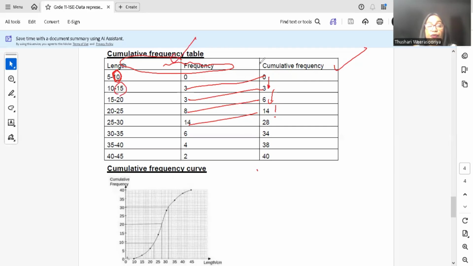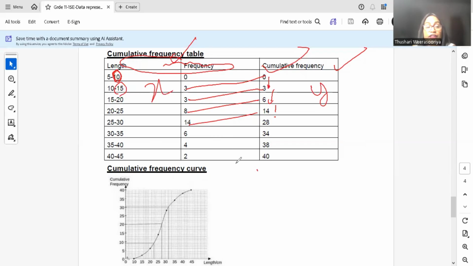We are marking these two. This is the x-axis and this is the y-axis. Likewise, when you mark the points, you get a graph like a seahorse.